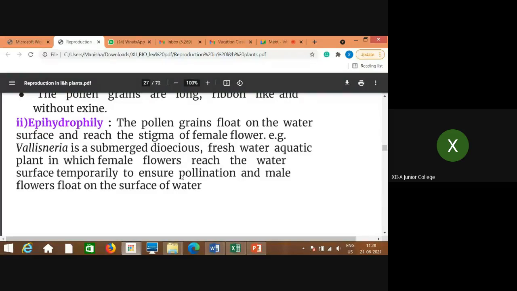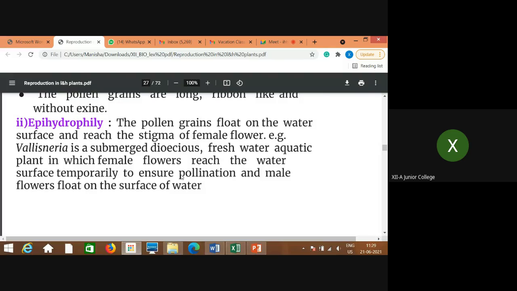Now in the case of Vallisneria, the pollen grains are floating on the water surface, but the female part of the flower, as this plant is submerged, though it is dioecious in nature, the availability of the pollen grains for cross pollination is on the surface of water.